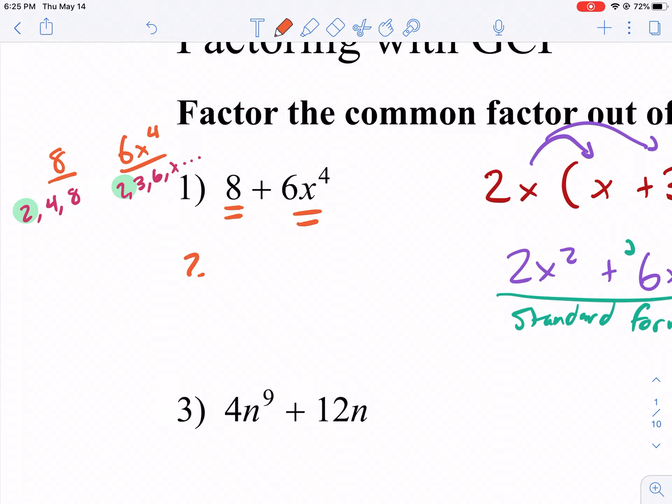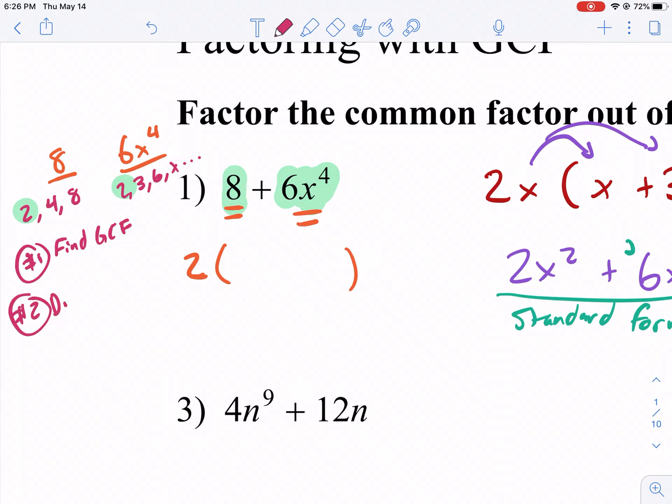So we're going to put a 2. That's our first step. Number 1 is find the GCF. Okay, second step is we're going to put our parentheses, and we are going to take the terms we started with and, number 2, divide terms by GCF.